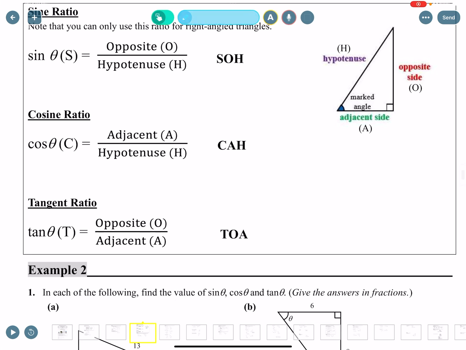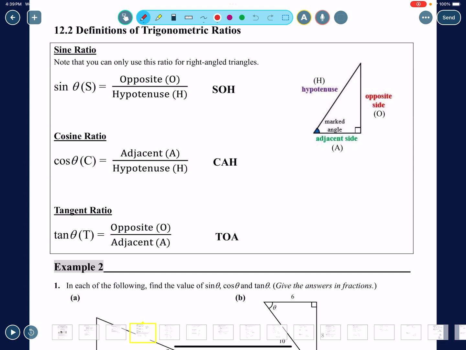These ratios were proven by mathematicians long ago, and they only work for right angle triangles. They cannot be used for other types of triangles, since there's no hypotenuse when it's not a right angle. So make sure it's a right angle triangle.